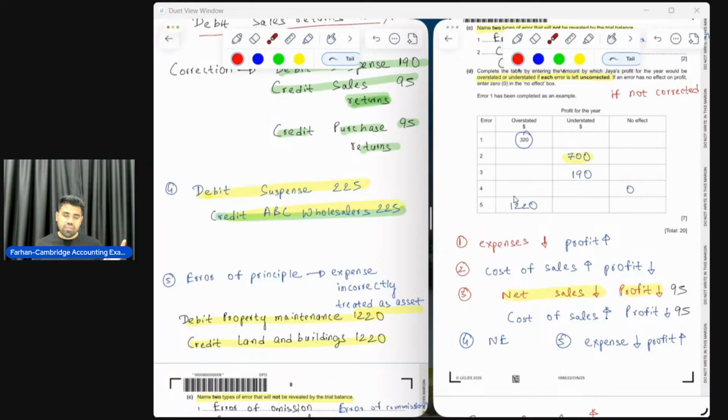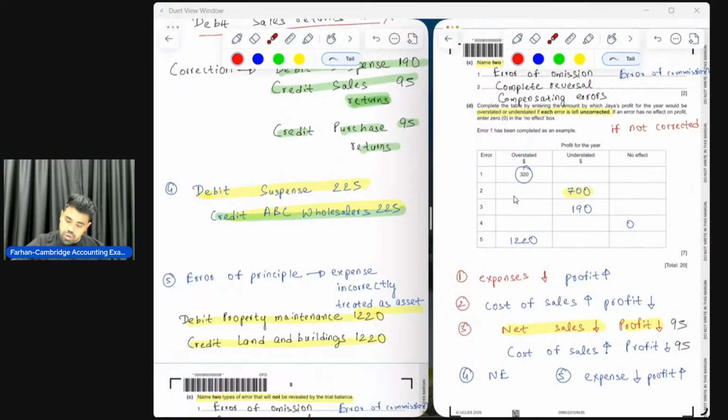It's just one asset account. Sorry, it's just 2 asset accounts, which are the asset accounts of bank and the customer account of ABC wholesaler, right? Profit is affected when income and expenses are affected. Since no income and expenses are affected, we can confidently say it is 0. So no effect on profit for the year, all right?